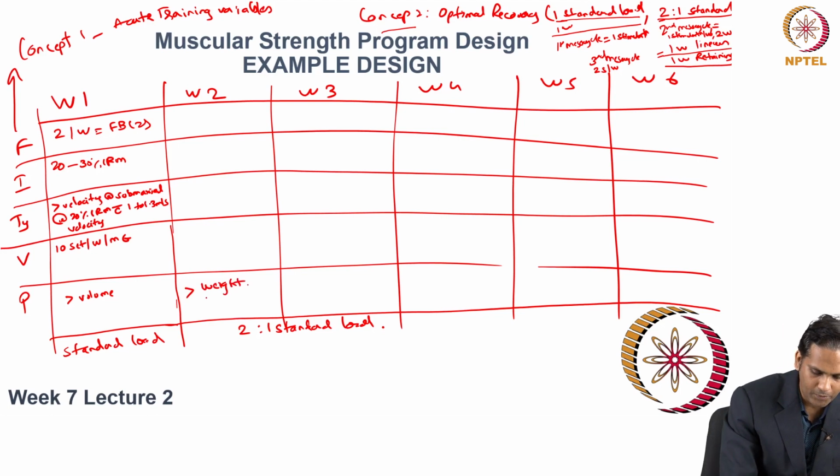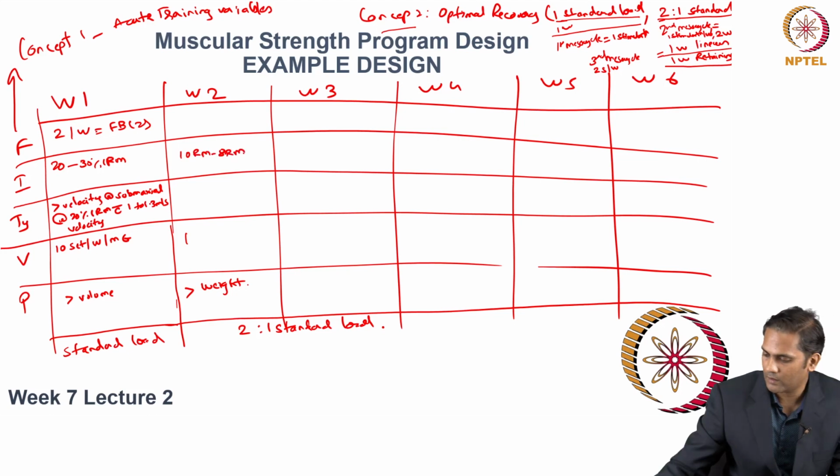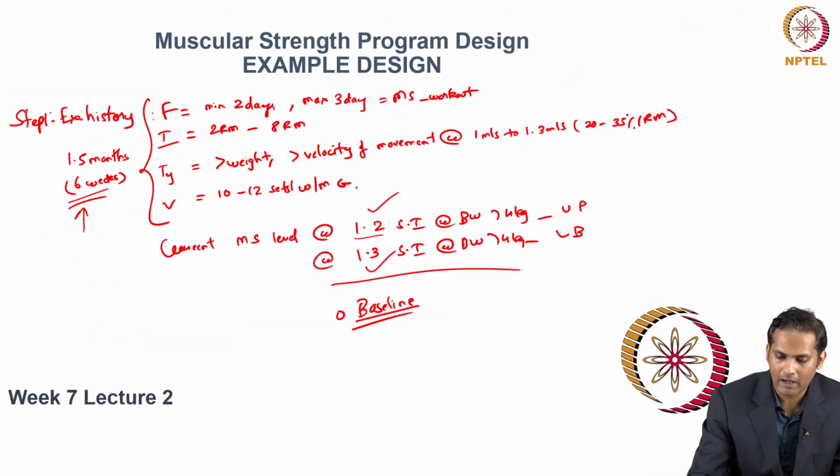Because it is greater weight, it would reflect in the intensity, and that would be around 10 RM to 8 RM. Why I choose that? Because the test that I have done, it was at 8 RM.